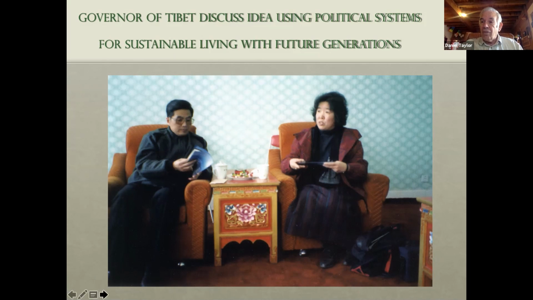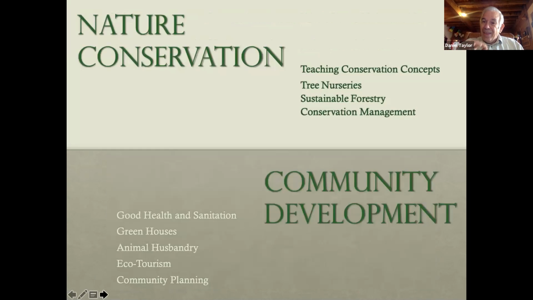And so there we have a member of the Future Generations team talking with the governor, who later becomes the president of the country. And the idea, here's the seed, is that nature conservation and community development will go together. Okay? We're not going to separate nature conservation.